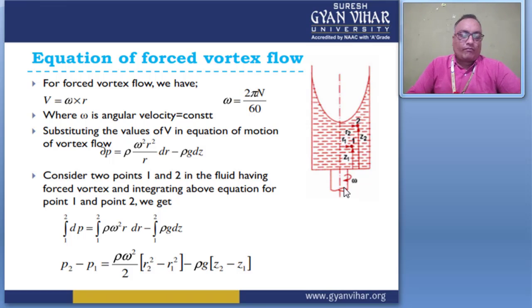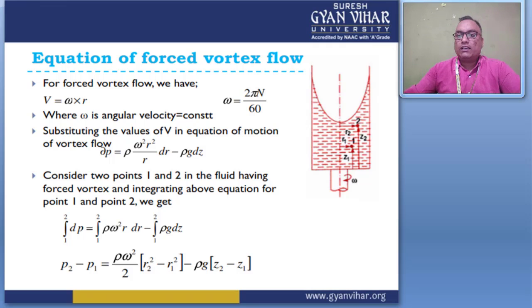Here omega is the angular velocity and this is a constant quantity. Substituting, v equal to omega r, where omega equals 2 pi n divided by 60, in the equation of motion of vortex flow, we get dP equal to rho omega square r square into dr minus rho g dz.